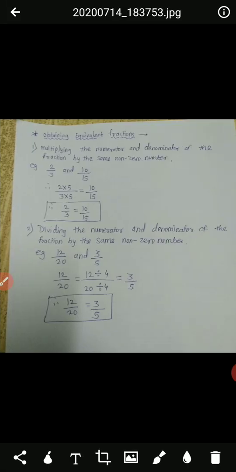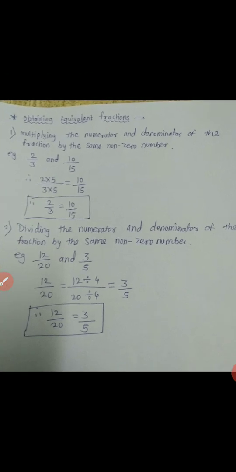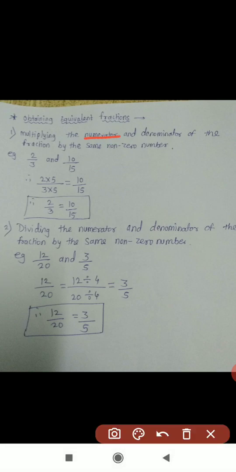Next, how are we obtaining the equivalent fractions? Just see again here. First one, if you are multiplying the numerator and denominator of the fraction by the same non-zero number, then you will get the equivalent fraction. Here is one example, 2 upon 3 and 10 upon 15.